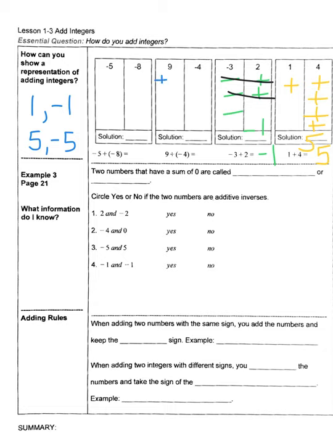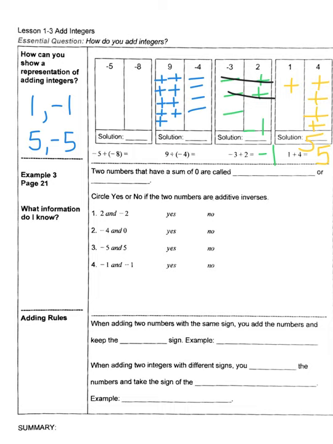Well, 9 means I'm going to have 9 plus signs. So there's my 9 plus signs. And my negative 4 means I'm going to have 4 negative symbols. And you have learned that opposites are equal to 0.